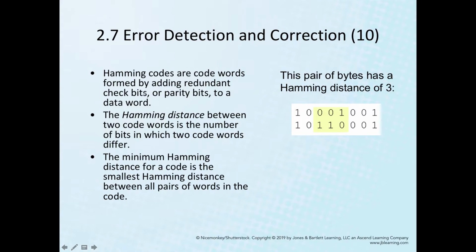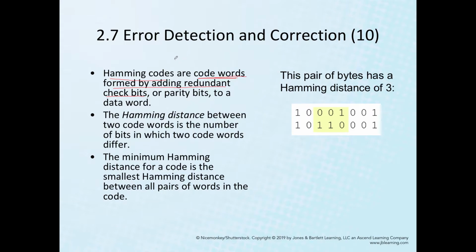By definition, Hamming codes are code words. Here, code words means a bit pattern. If you have 8 bits, you have 1010 and so on. Those bit patterns are code words. Code words are formed by adding redundant check bits. Here, redundant means in addition to the original information.